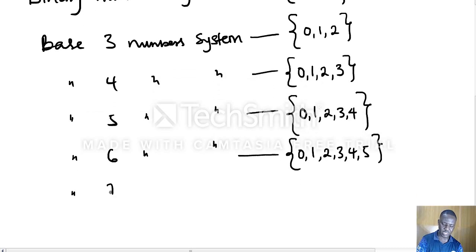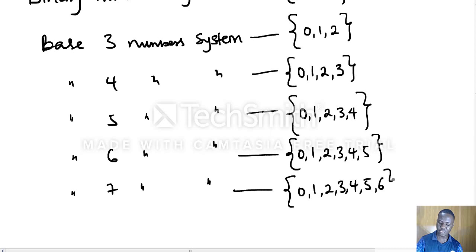Also, in the base 7 number system, we have digits 0, 1, 2, 3, 4, 5, and 6, and so on and so forth.